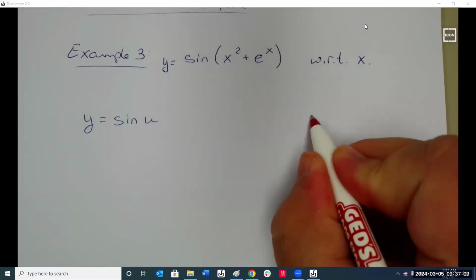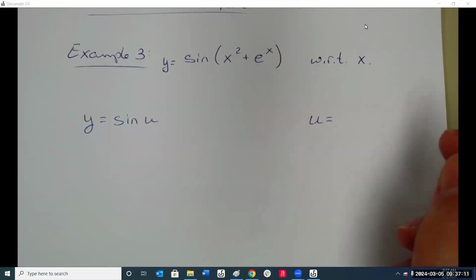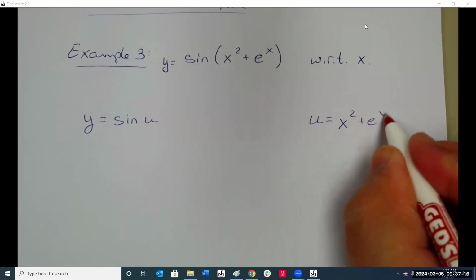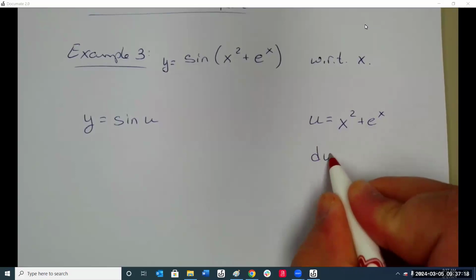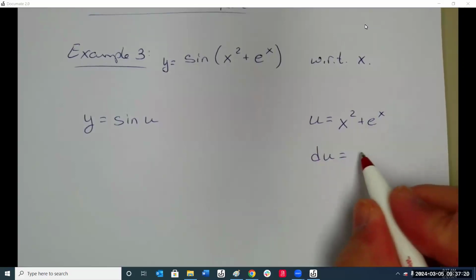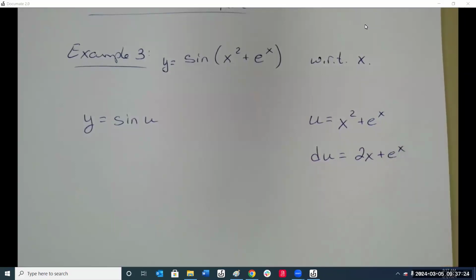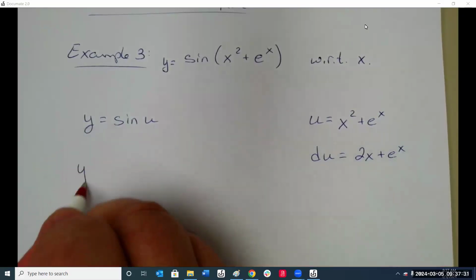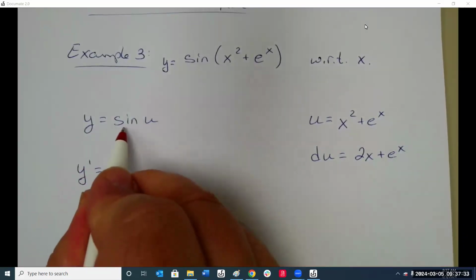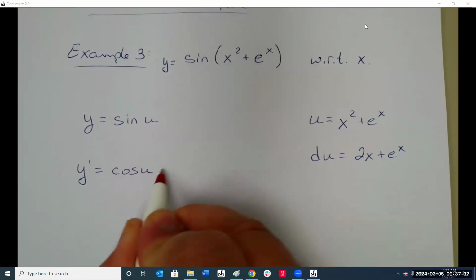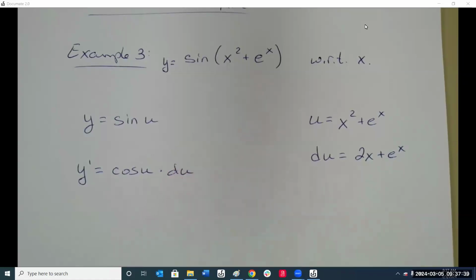So what is u? x squared plus e to the x. Then what's du? 2x plus e to the x. So the derivative of sine is cosine u times du.